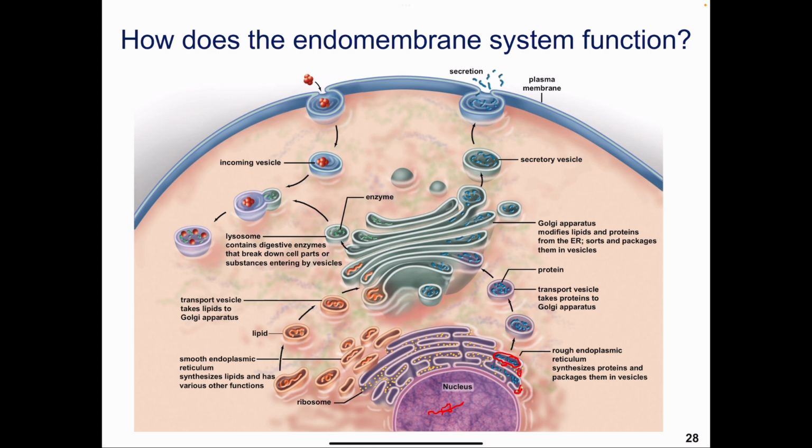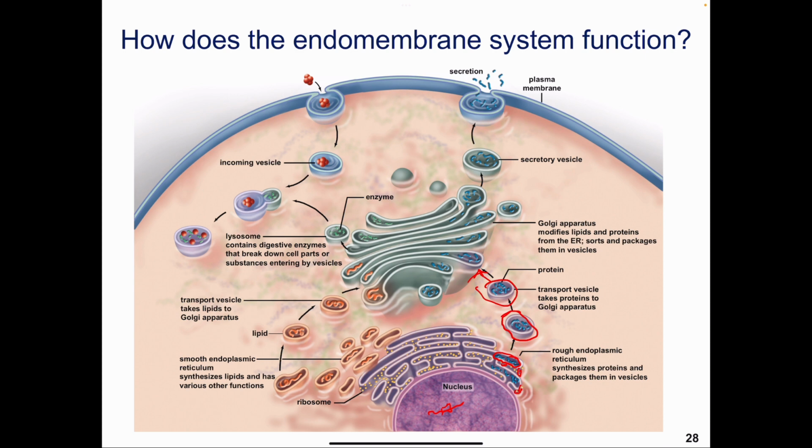After the modification, a transport vesicle is going to pinch off and migrate to the Golgi apparatus. In the Golgi apparatus, the protein is going to be further modified. Typically, they're going to be modified with addition of sugar residues.